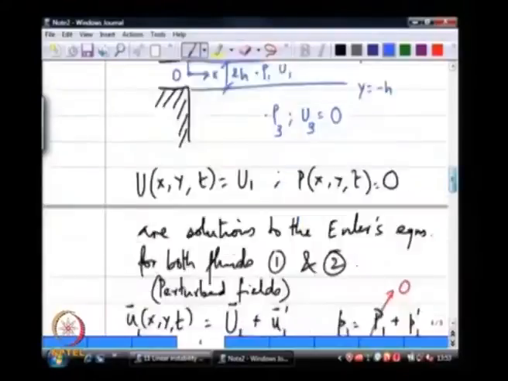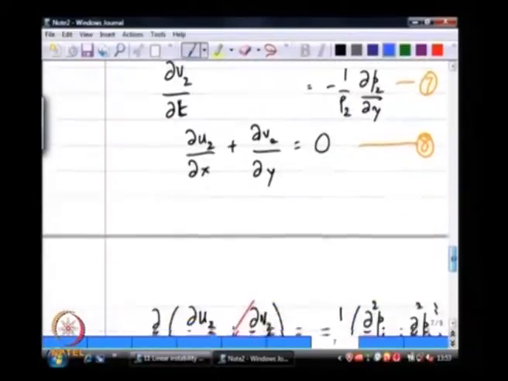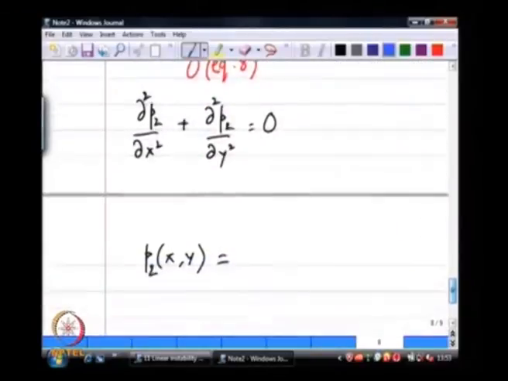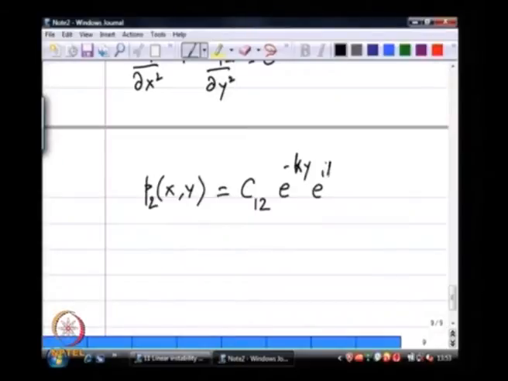Okay. So, I do need to write this out for fluids 1, 2 and 3, but let us just say this is our real 2 fluid, and what I end up getting from that is I will call this C 1 2 e power minus k y, times e power minus I k x.